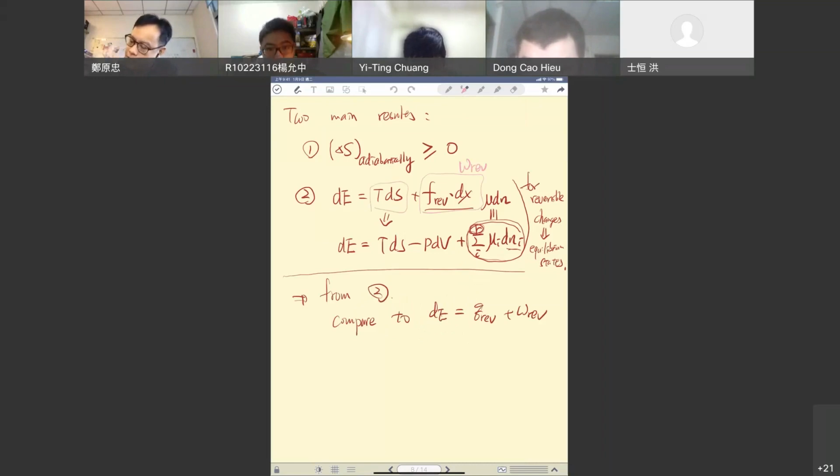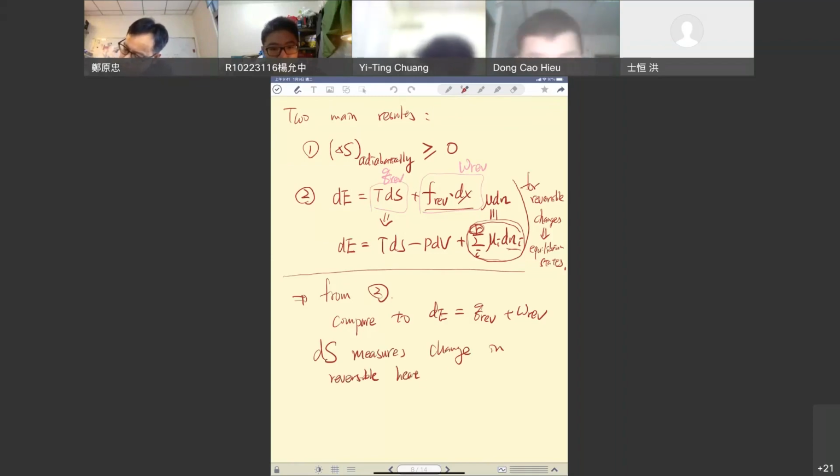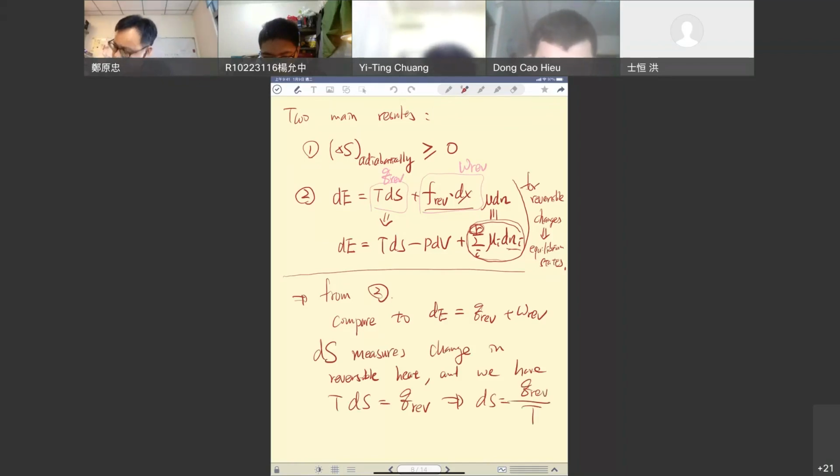So this part must be reversible heat. That means dS measures change in reversible heat. And we have TdS equals the reversible heat. So dS equals the reversible heat divided by some constant temperature. So this is actually how this equation is derived.